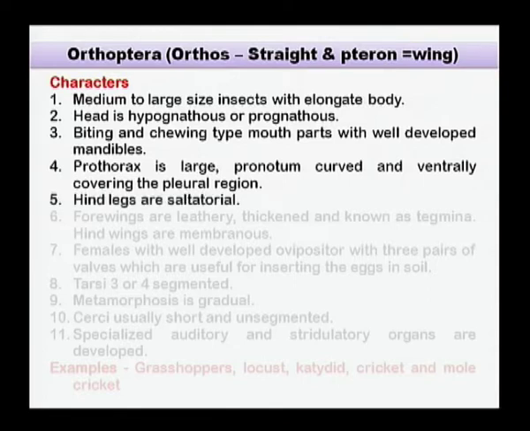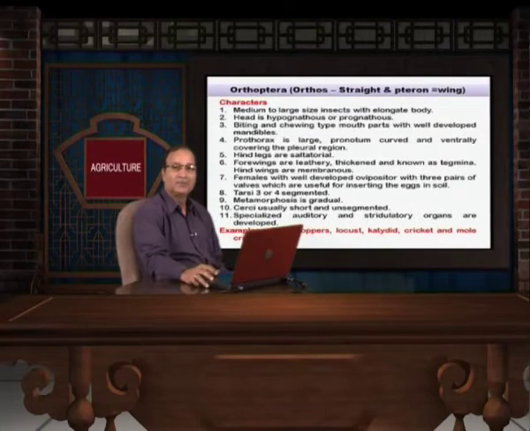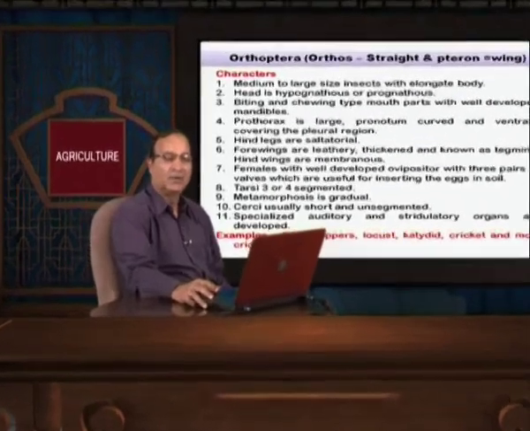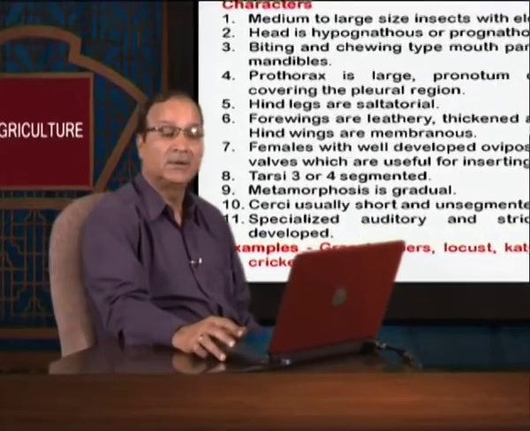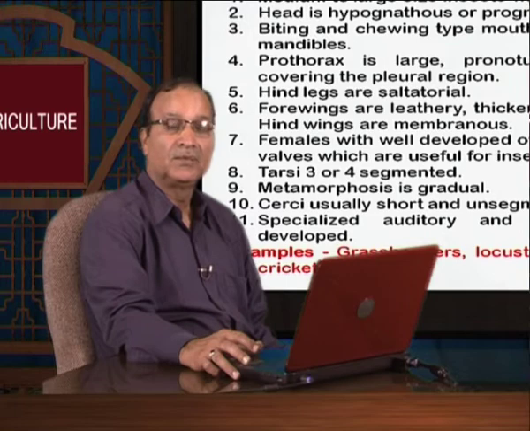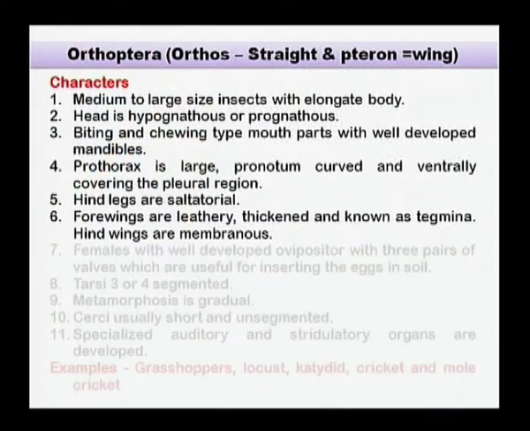Legs are saltatorial type, particularly the hind legs. Forewings are leathery in consistency, thickened, and technically known as tegmina, whereas the hind wings are membranous in nature.